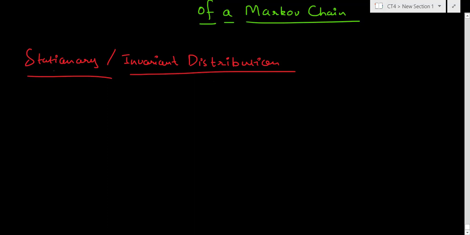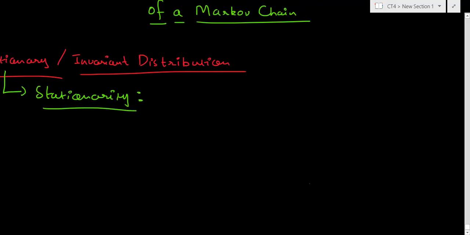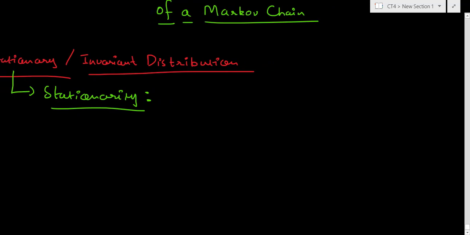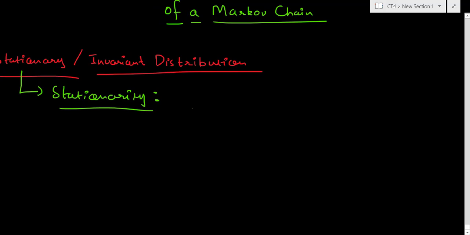When I talk about stationary distribution, the first thing that I need to know is what stationarity is. In chapter number 2, stochastic processes, I had defined stationarity, and it means the same thing for a Markov chain as well, because a Markov chain is a stochastic process.